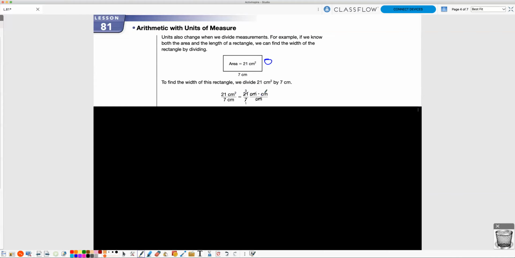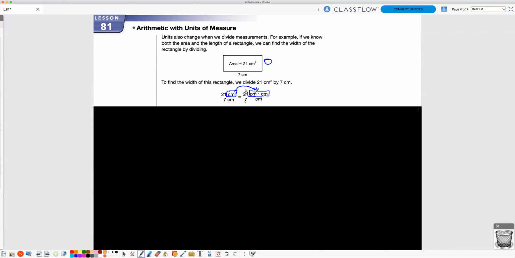And then you notice that this has square centimeters. It's like having two of them multiplied next to each other. That's what that represents. So this square centimeters is just like having two of those things, centimeters times centimeters.